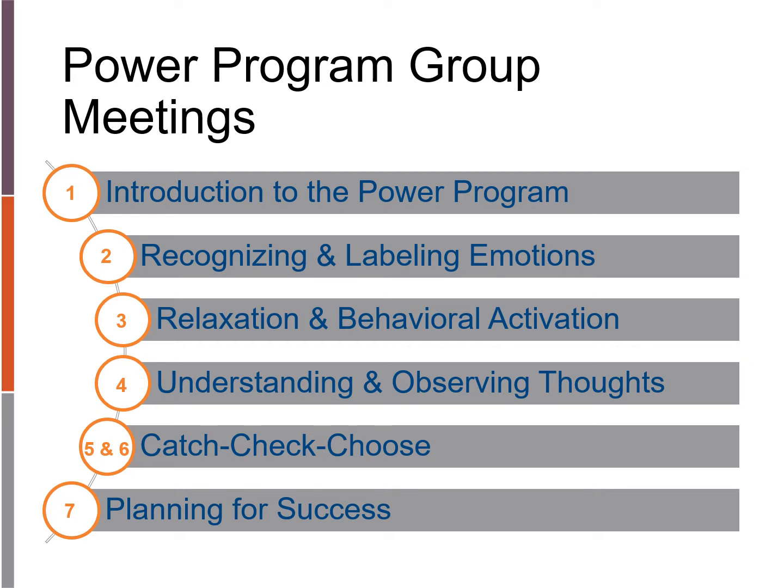They are Introduction to the POWER program, Recognizing and labeling emotions, Relaxation and behavioral activation, Understanding and observing thoughts, Catch, Check, Choose, which is covered during group meetings 5 and 6, and Planning for Success. There is also an optional group booster meeting and an optional individual booster meeting.